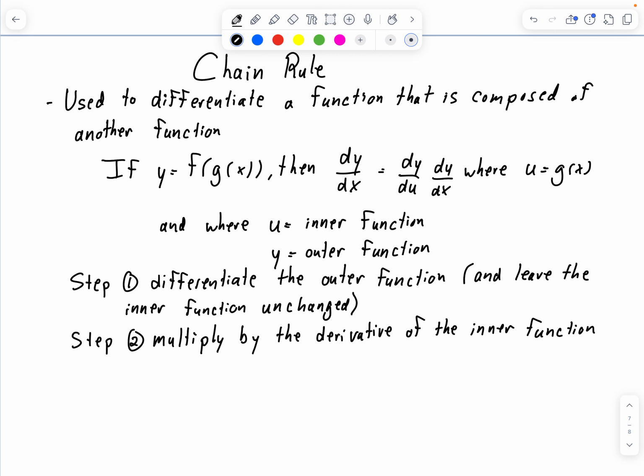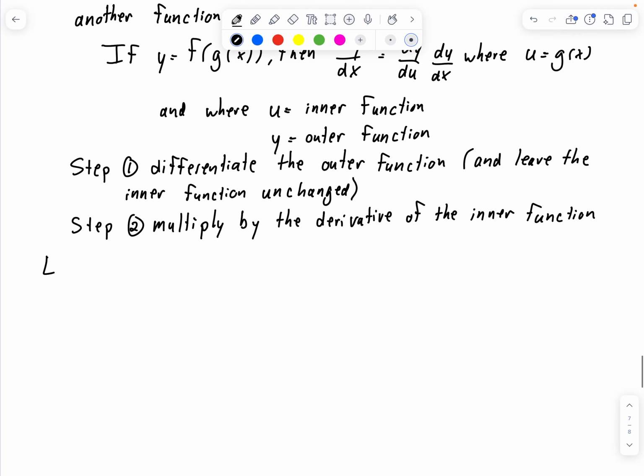Okay, let's do an example. So in our example, we have this function y is equal to 3x plus 1 raised to the fifth. So first we want to identify what is our inner function and what is our outer function.